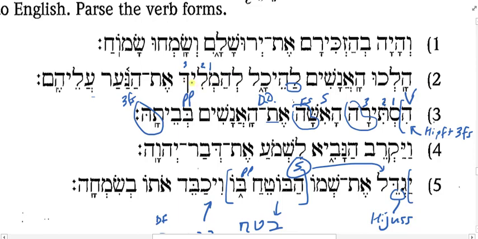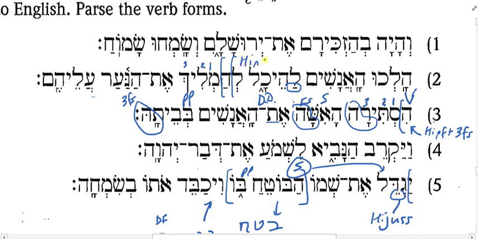Look in the middle. You see that hiriq yod? What might that make you think? Could be Hifil. What else would I be looking for? A Hifil hey? Yeah, I've got one, don't I? And I have a lamed preposition. So what kind of verb forms can take a lamed preposition?